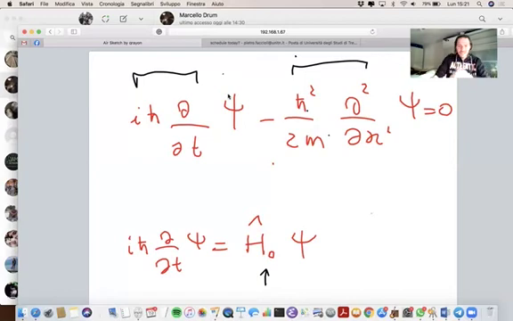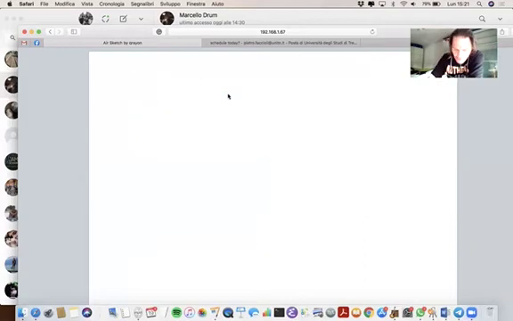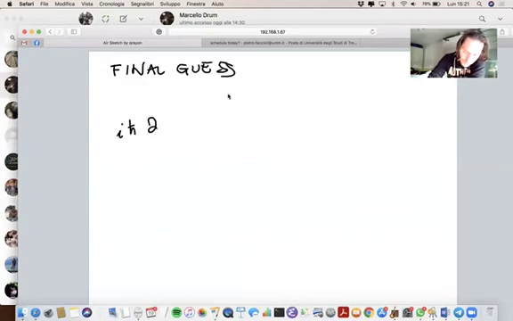So here comes the bold guess. Since this is the kinetic energy, what happens if I switch on the potential energy? Well, I sum the potential energy to the kinetic energy. So here goes the final guess: that the equation that describes the motion of the electron, now relaxing the hypothesis that the electron is not interacting anymore, allowing the electron to interact, will be described by a new mathematical operator acting.